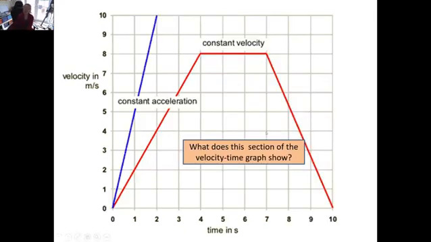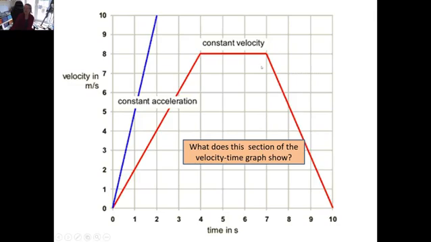Okay, so far we know that a diagonal line like that shows that the object is constantly accelerating. The steeper the gradient, the faster the acceleration. We also know here that the object is moving at a constant velocity when we have a straight line.